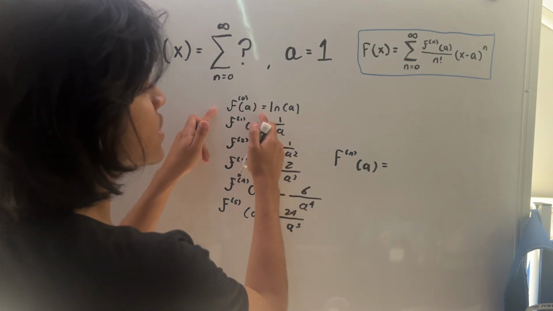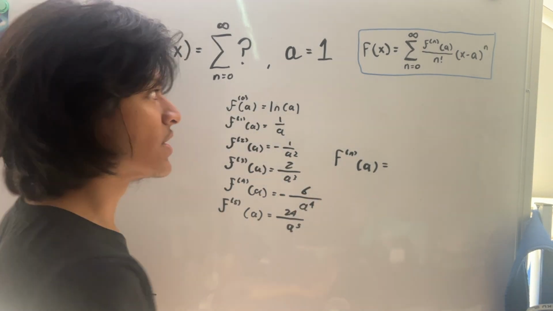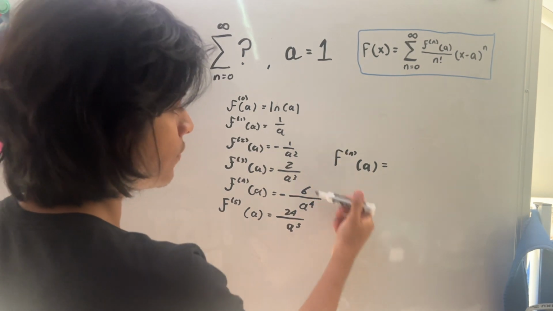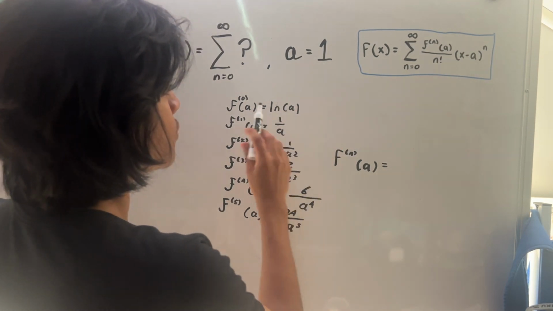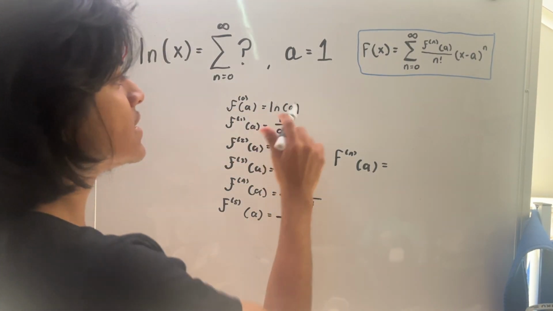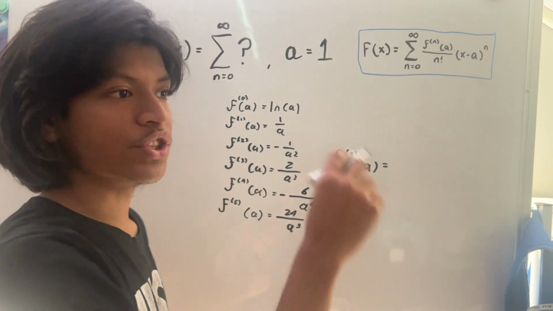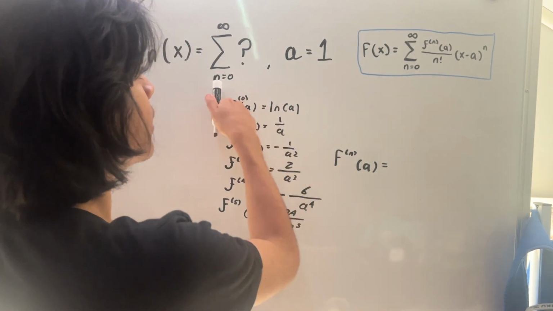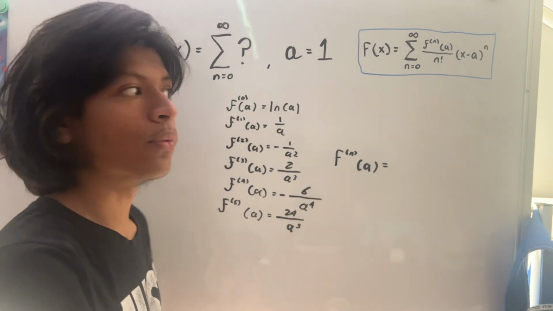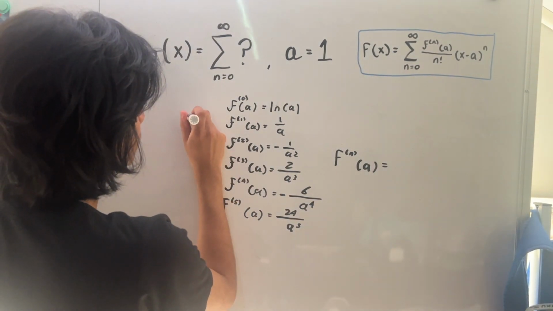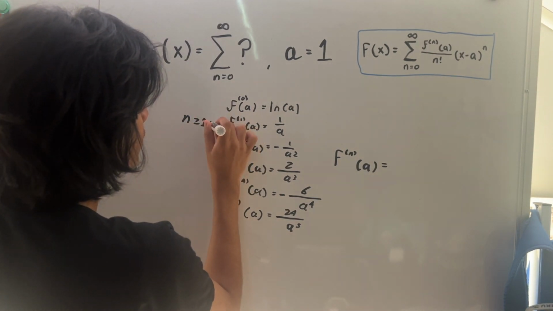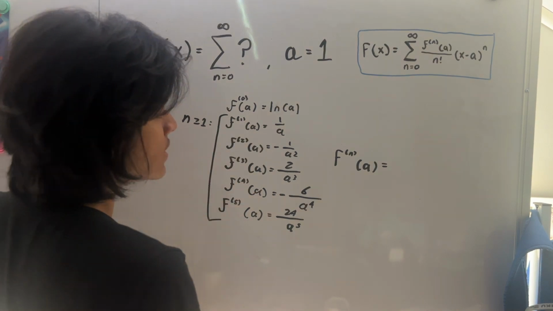But this one is not going to fit anywhere in our expression because that's just ln of a. It's not in a fraction form as these are. So we're actually going to exclude the first term when n is equal to 0. And instead, when we create our series, we're just going to write that one out and create our new series starting at n is equal to 1. So here, n is greater than or equal to 1.